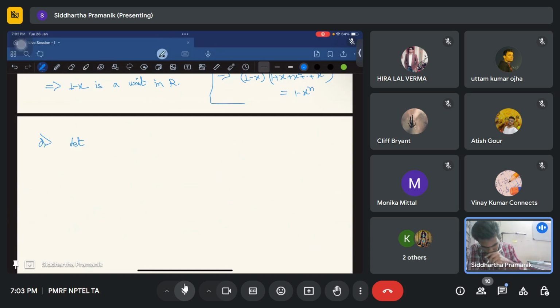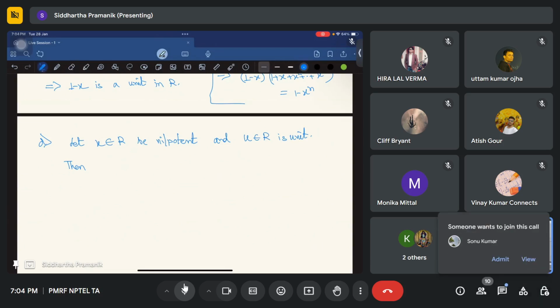I have already assumed that x belongs to R is nilpotent, and u belongs to R is a unit, right?